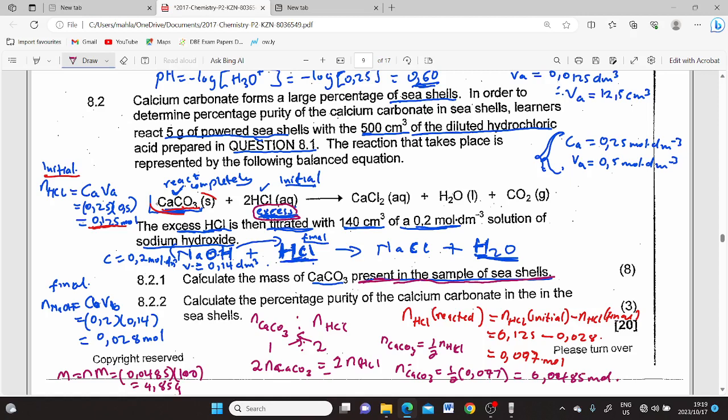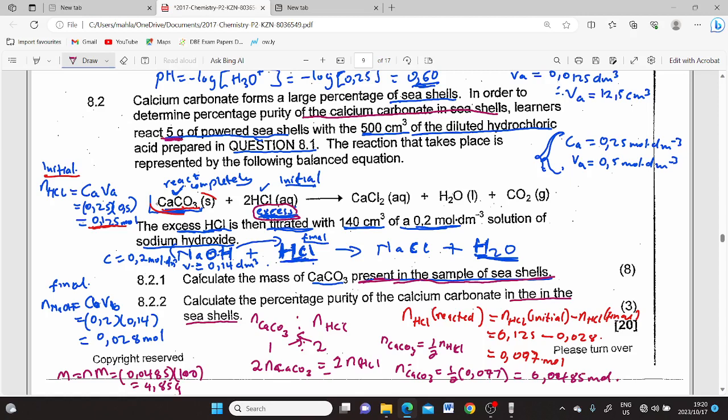Now the last question is, calculate the percentage purity of the calcium carbonate in the seashells. We are given the mass of 5 grams, which is the total mass.